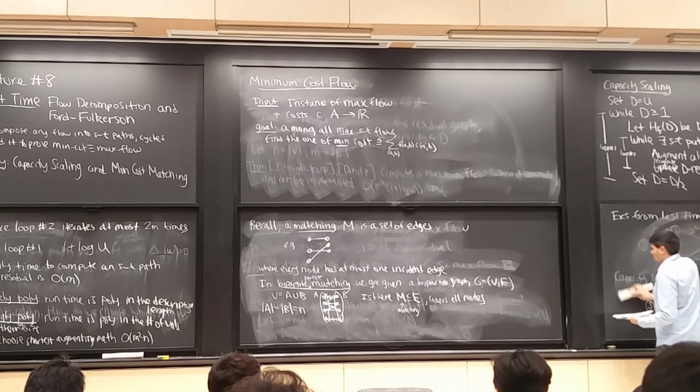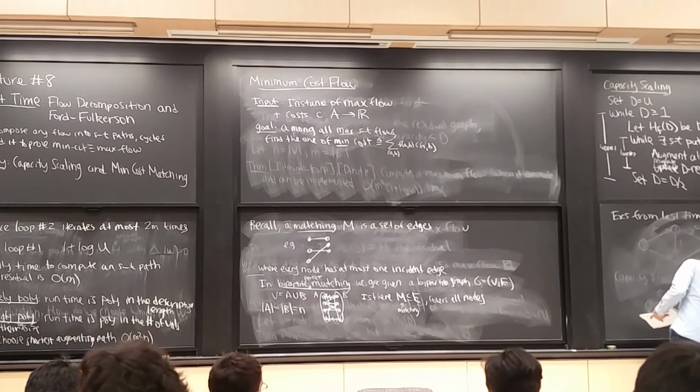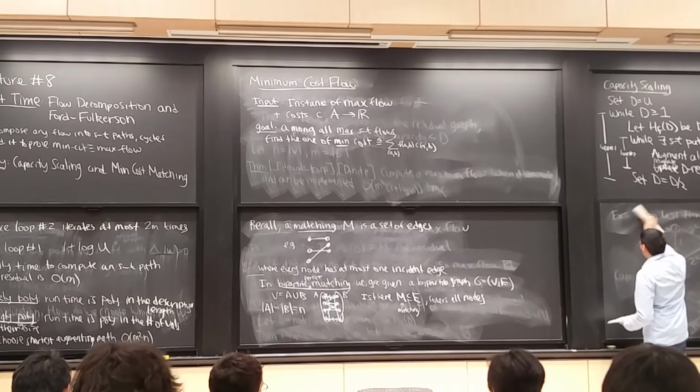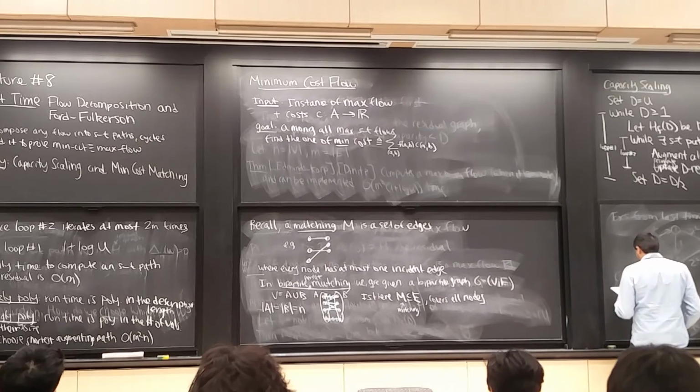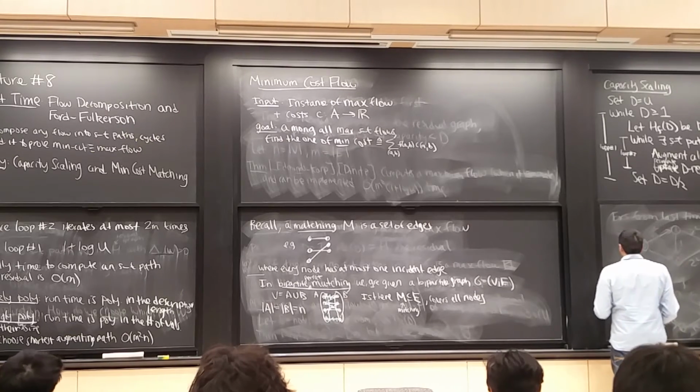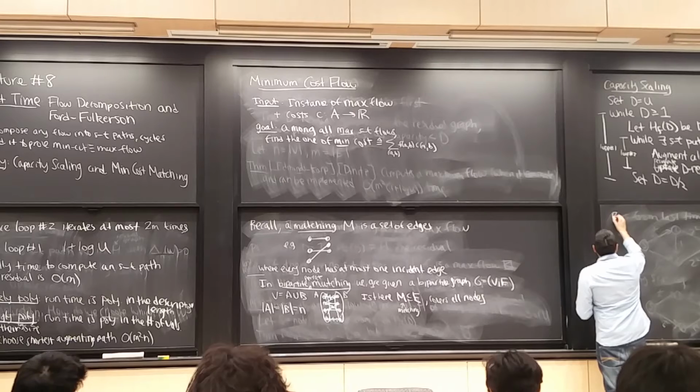The usual reduction is just to a very simple type of graph, which computing a max flow will give us whether or not there's a perfect match. So all we do is the following reduction.